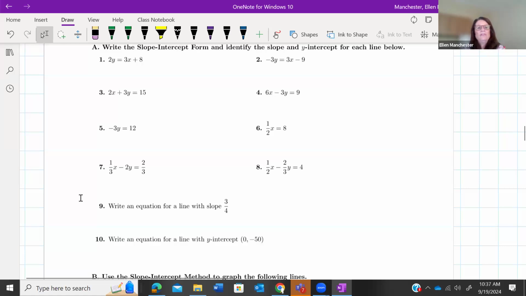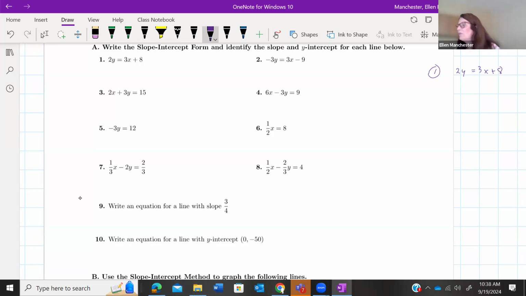So here we go. We want to write this in slope-intercept form, and then we're going to identify the slope and the y-intercept for each line. Okay. So this really is what we did on Tuesday. So we have 2y equals 3x plus 8. You guys have all the tools that you need.